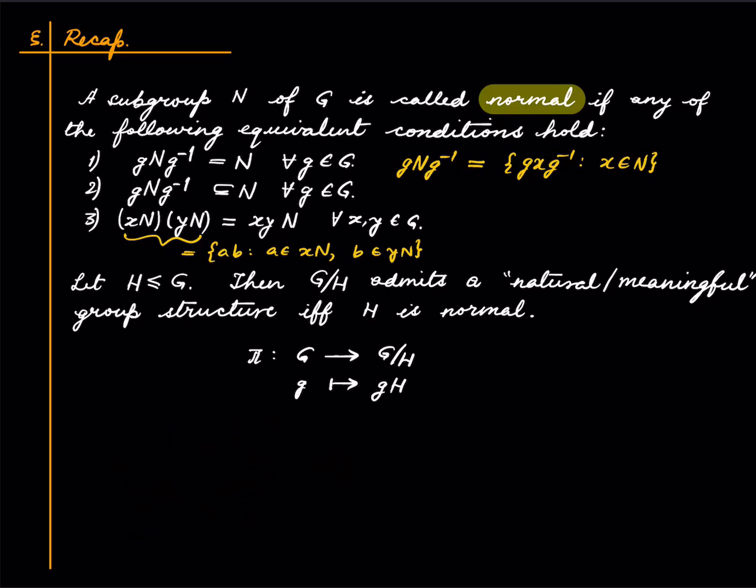So we just wanted to mimic that property for an arbitrary subgroup and figured out that any of these three conditions are sufficient and necessary for that to occur. So normal subgroups of a group are precisely those subgroups for which the quotient has a group structure with the property that the natural projection map is a group homomorphism. Okay? Right, so now let us see the problems.